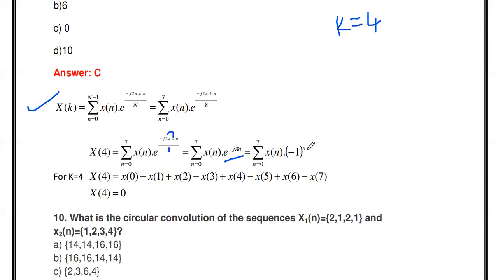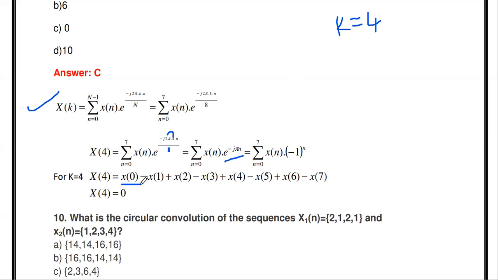Minus 1 to the power 0 is plus 1, so the first term is plus x of 0. Then put n equal to 1: minus 1 to the power 1, minus x of 1. Then plus x of 2. So alternately plus and minus will come. So x of 0 minus x of 1 plus x of 2 minus x of 3 plus x of 4 minus x of 5 plus x of 6 minus x of 7.